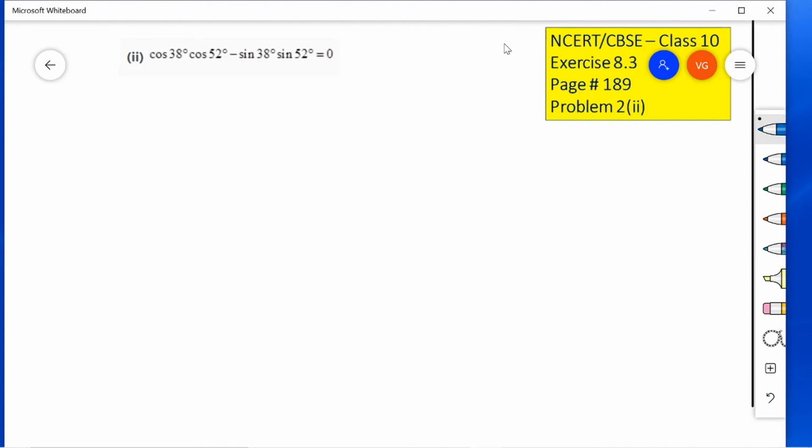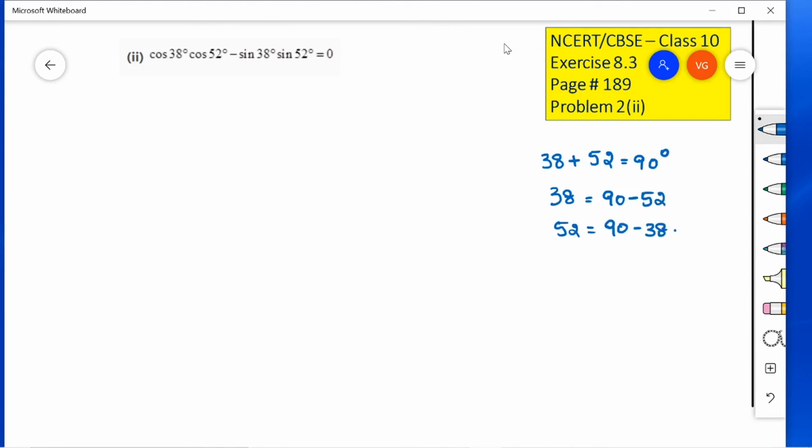So the two angles given are 38 and 52. Check out 38 plus 52 which is equal to 90. That means 38 and 52 is one complementary pair, right? So 38 I can write it as 90 minus 52. Similarly, this 52 can be written as 90 minus 38.